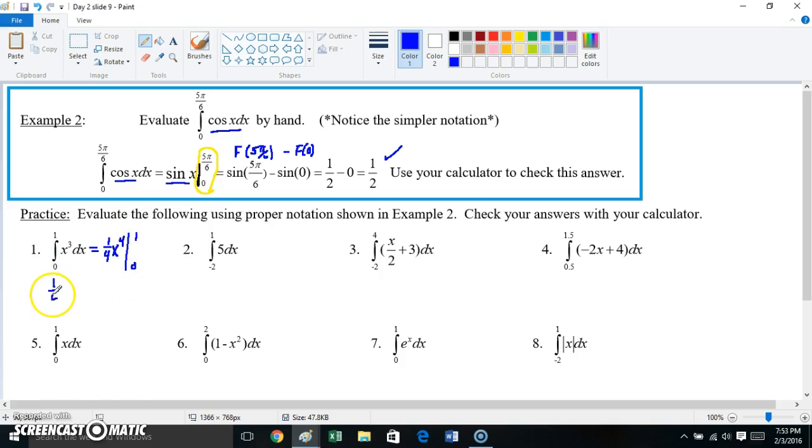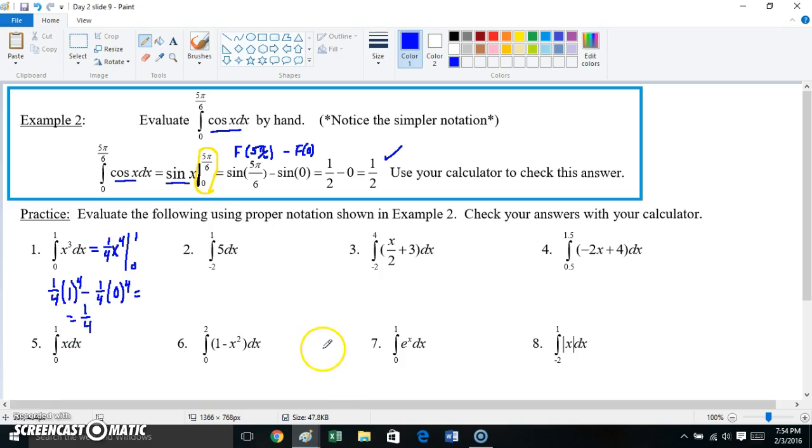So we're going to look at 1/4 times 1 to the 4th, minus 1/4 times 0 to the 4th. So we get 1/4 minus 0, or 1/4.